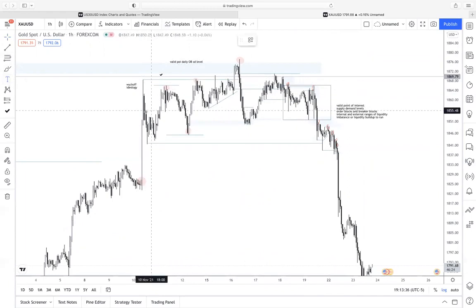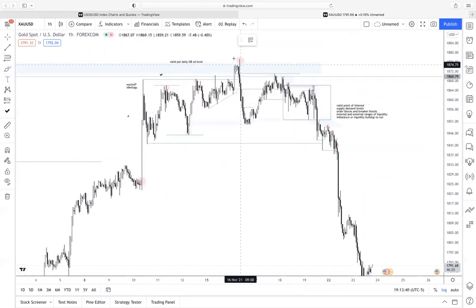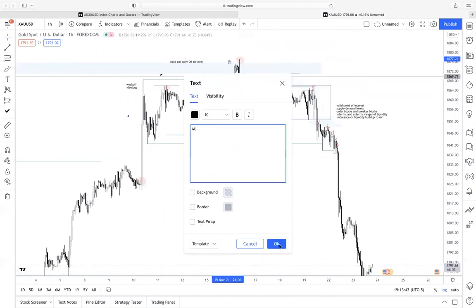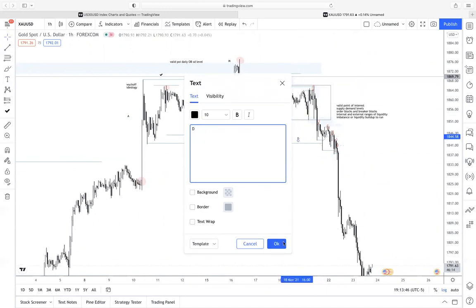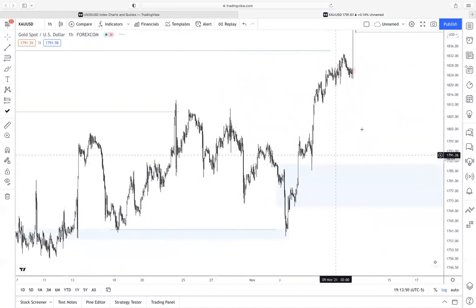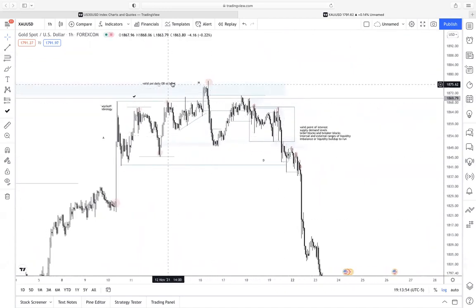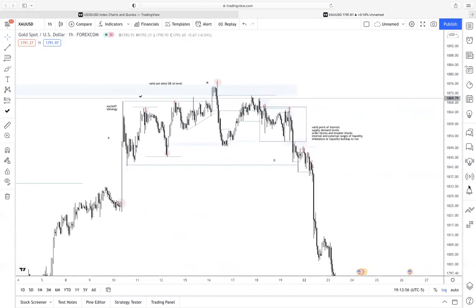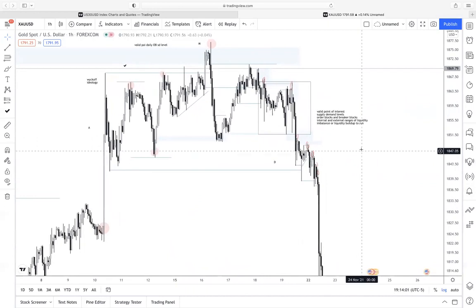So this would be our accumulation, manipulation, and distribution, as opposed to down here, right, where we had this range and it went higher. It's because we've identified our valid runs on liquidity, our valid point of interest, and where price has to distill based off our internal ranges of liquidity and external ranges of liquidity.